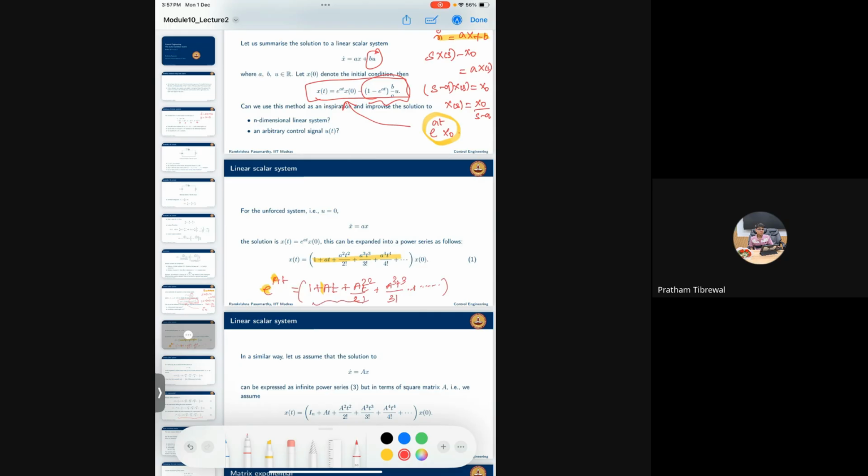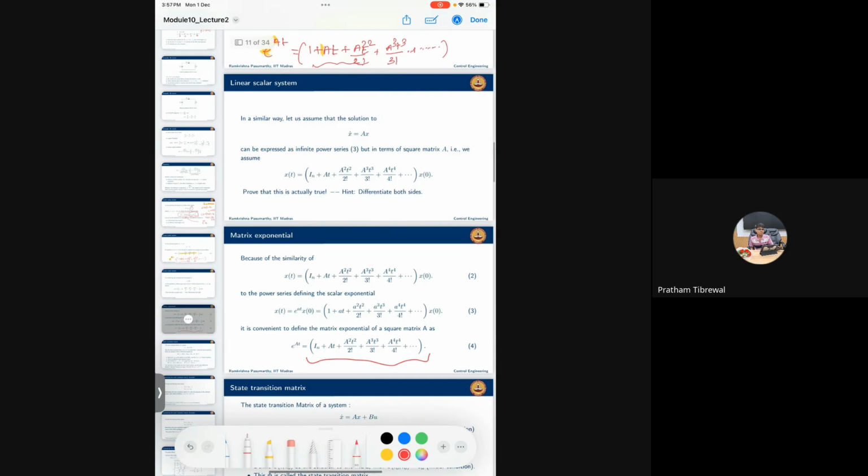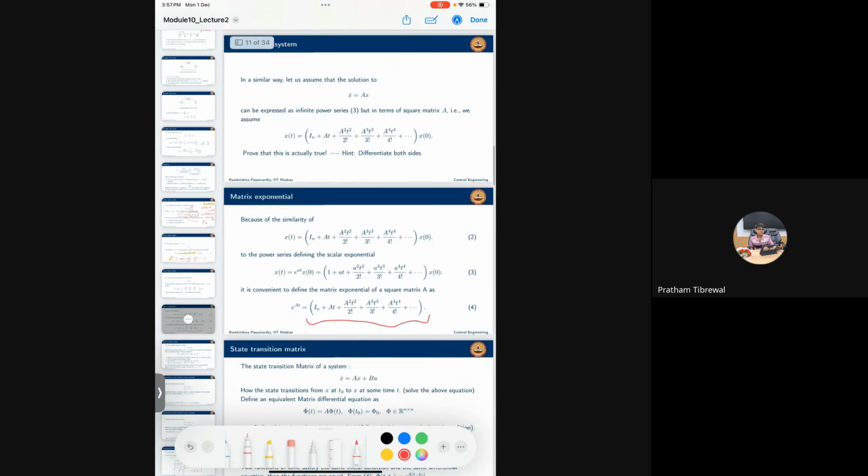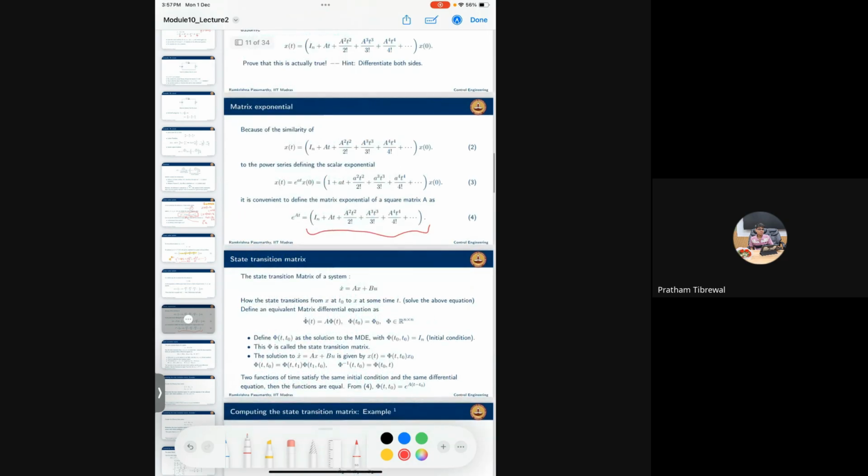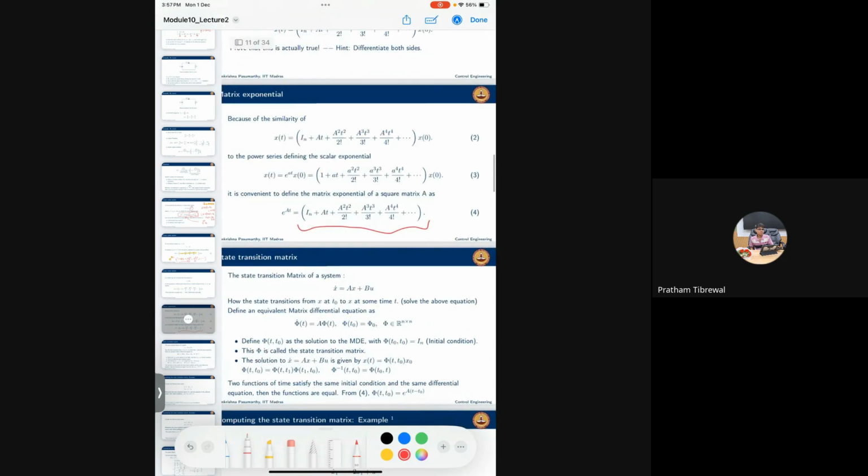We will mostly limit ourselves until the second order terms. So now, if you want to find the solution to any system, you have to find the A matrix, then you have to find this exponential term, then again you will find the solution to this matrix.